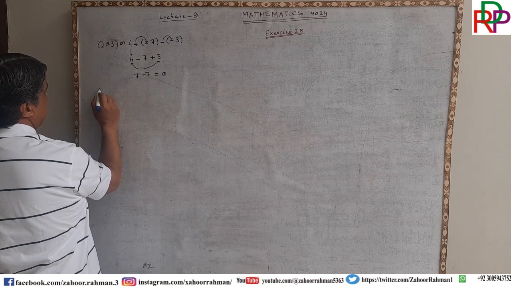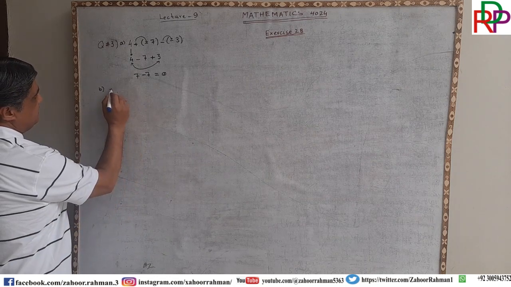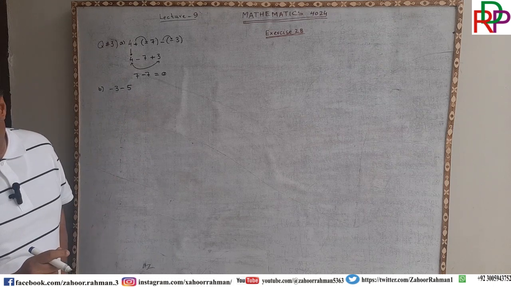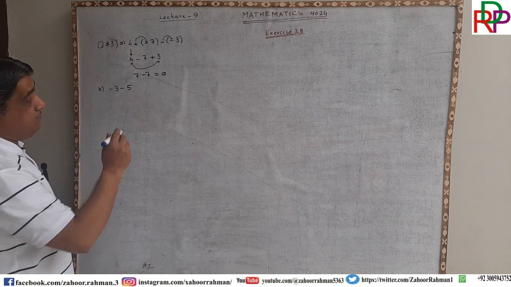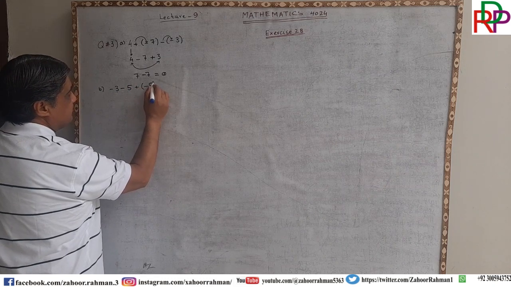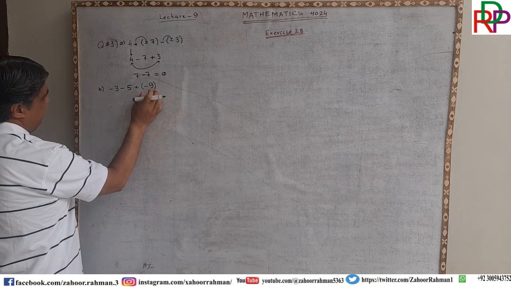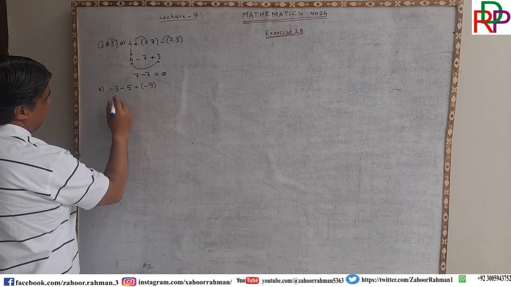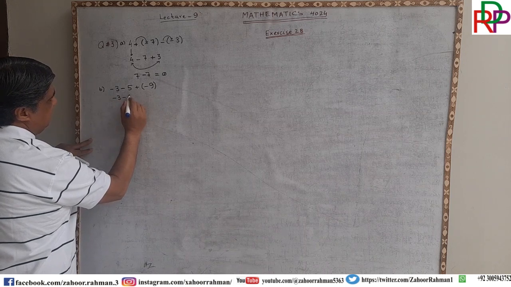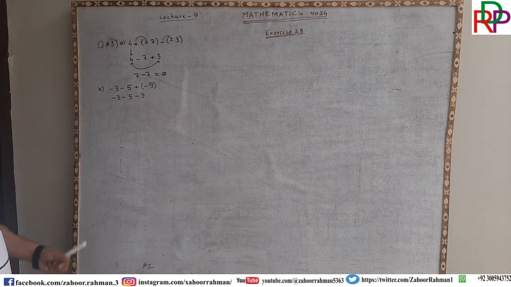Now we are going to solve part number B, and part number B is saying minus 3 minus 5 and plus minus 9 plus minus 9. Ladies and gentlemen, first we have to evaluate or remove this parenthesis. So all the other values I will write as they are, and these are 9.